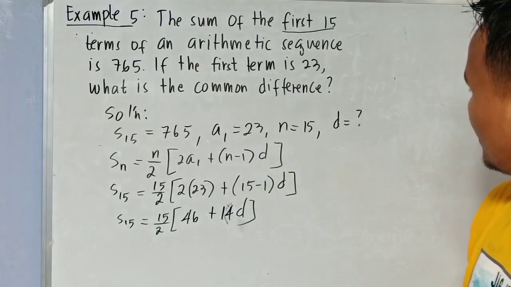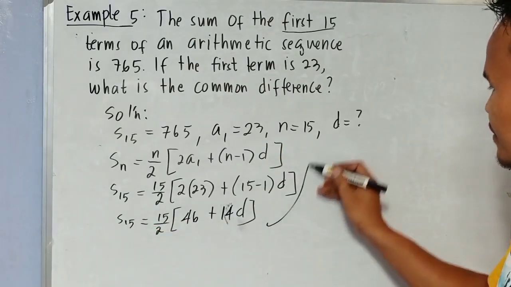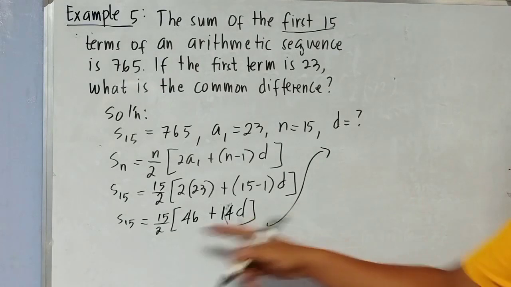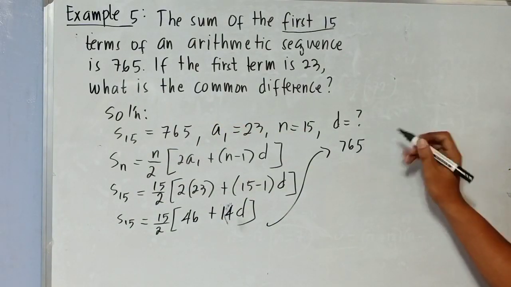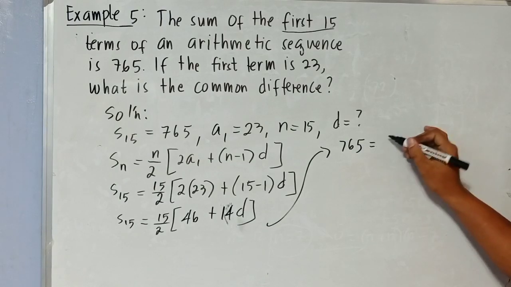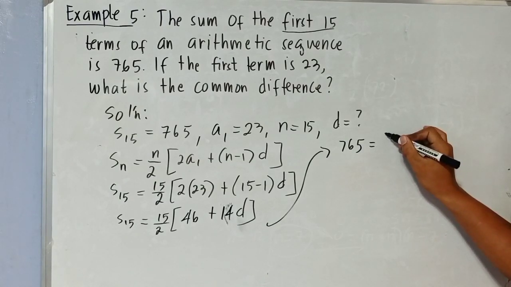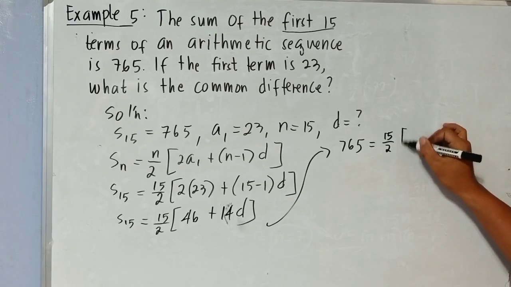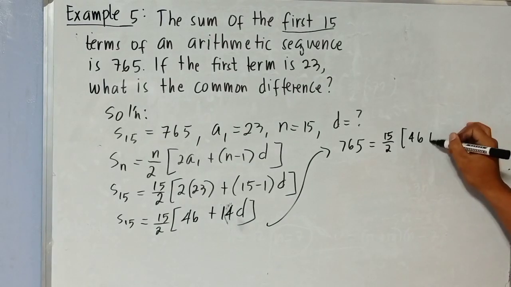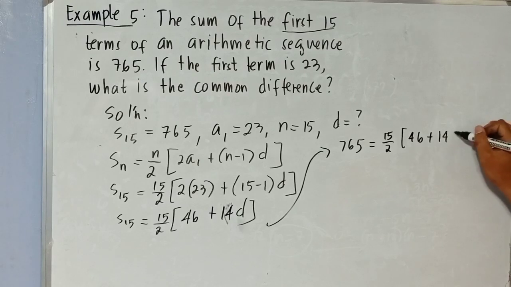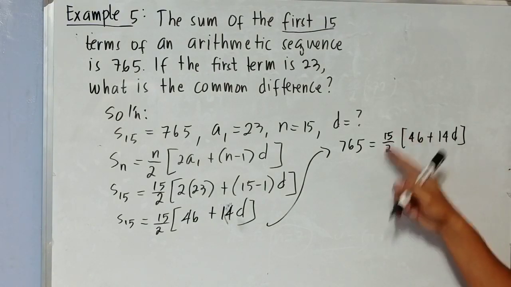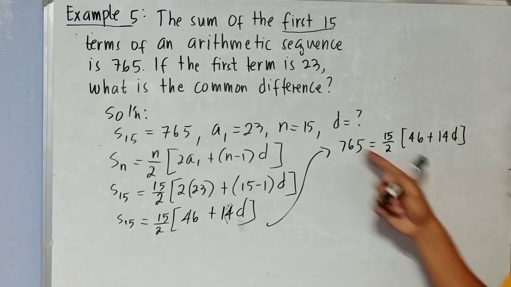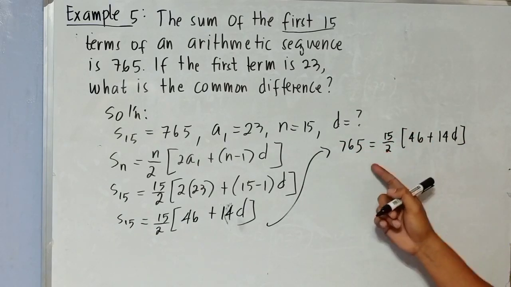Okay. And what is S sub 15? S sub 15 is 765, which equals 15 over 2 times 46 plus 14d. 15 is not divisible by 2, so we are going to cross multiply 2 to 765.